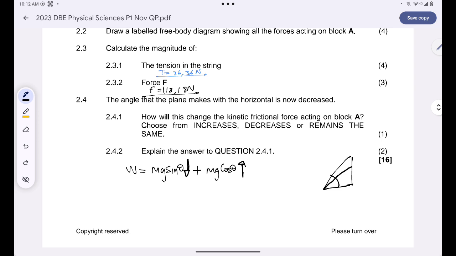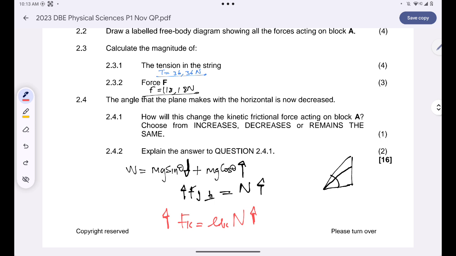But what do I know? I know that Fg perpendicular is equal to the normal force. If I increase Fg perpendicular, that means I'm also increasing the normal force. But remember that I have an equation that says friction is equal to mu k multiplied by the normal force. Whenever I increase the normal force, the frictional force will also be increased.